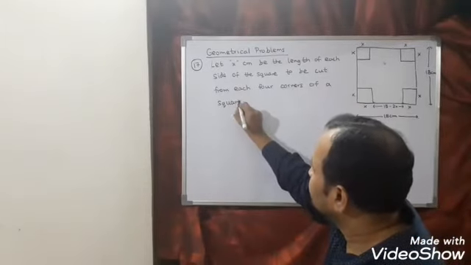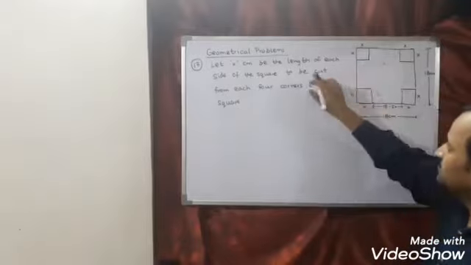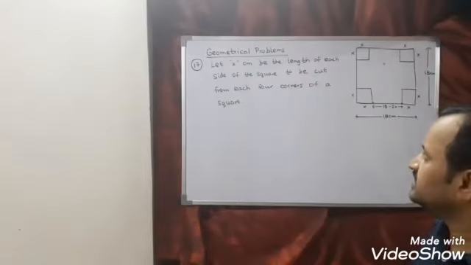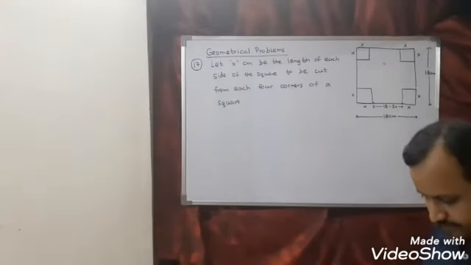So what I am saying here is let x centimeter be the length of each side of the square to be cut from each of the four corners of a square.